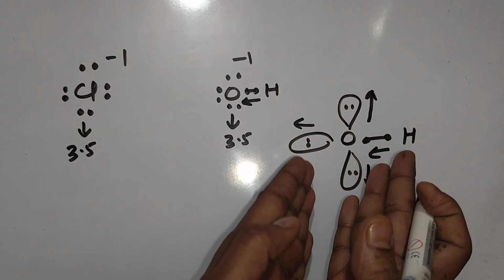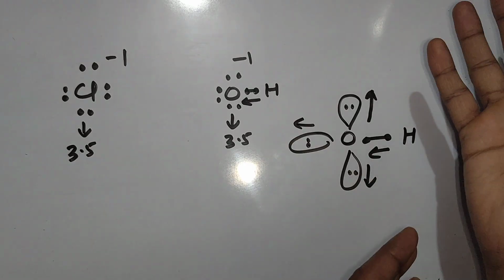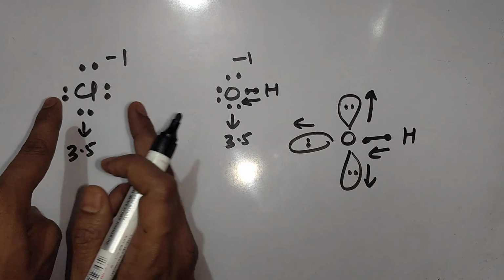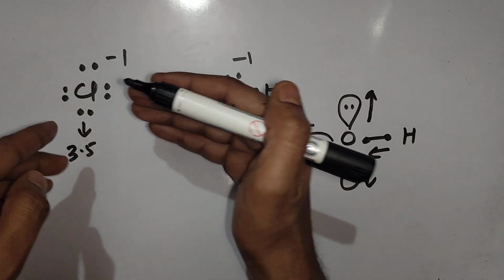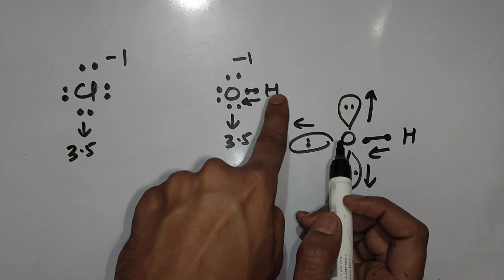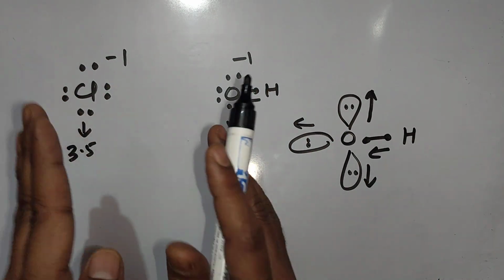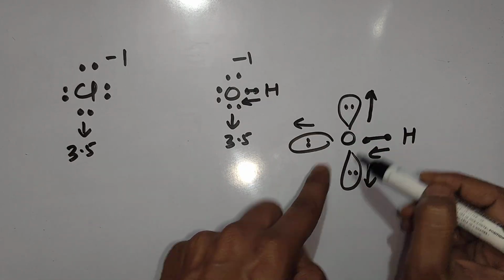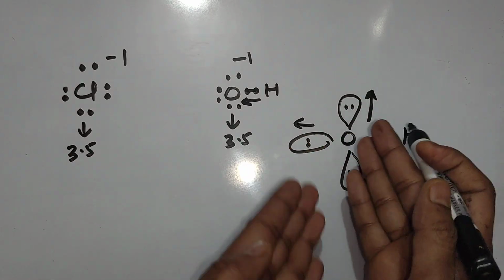As they move up, their donation becomes easy. Such a case does not happen in chloride. There is no inductive effect, meaning no movement of sigma electrons like in this case. So the lone pairs remain in their own position. But here these lone pairs are moving a little bit up, so their donation is easy.